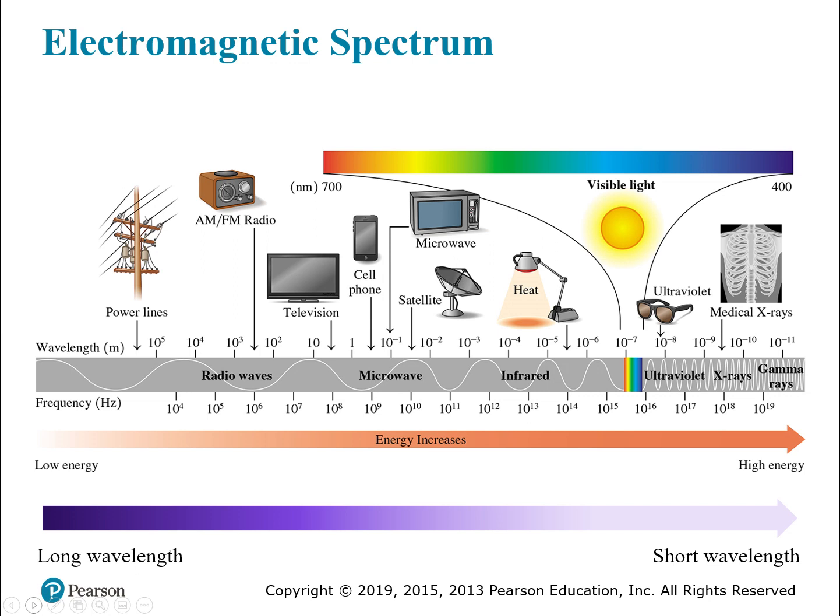All this is looking at all the different wavelengths of light. And we're going to talk about some of the characteristics here. The way that this particular spectrum is set up is on the far left, we've got the longest wavelengths. So that's a representation of a long wavelength, all the way to the shortest wavelengths.